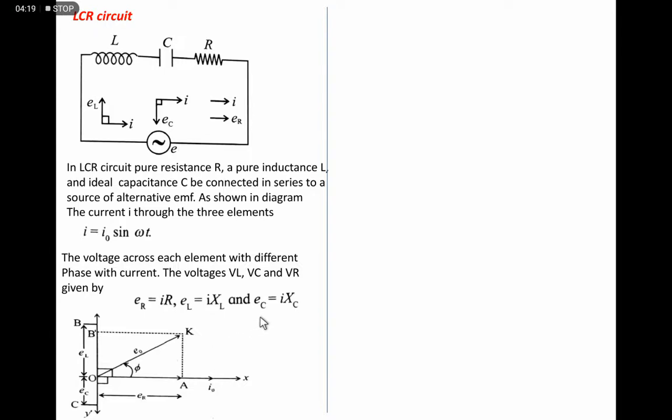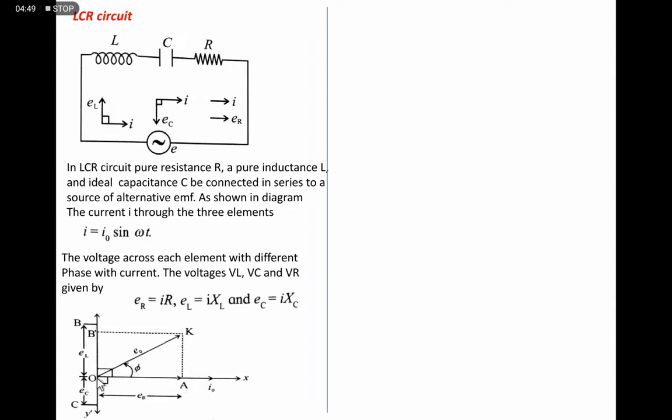And in capacitance, the EMF is lagging by pi by 2.